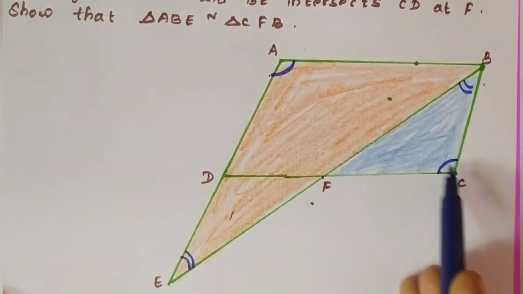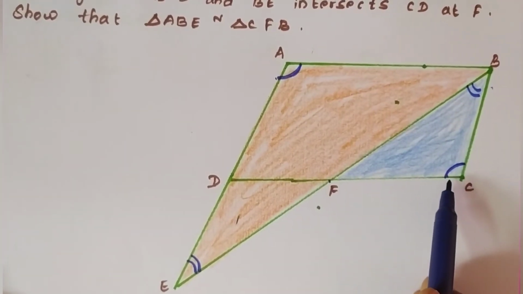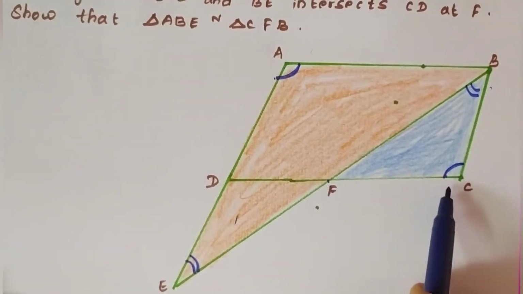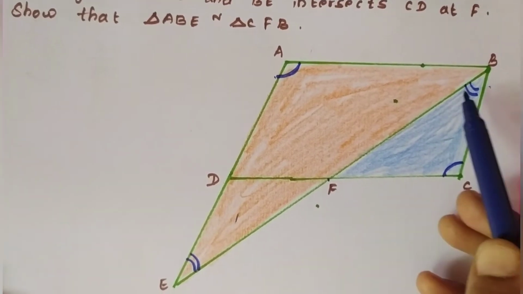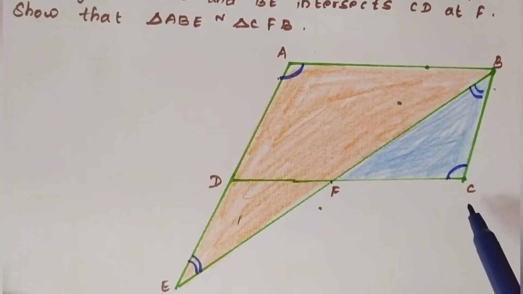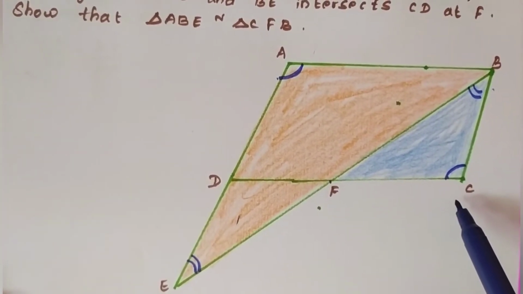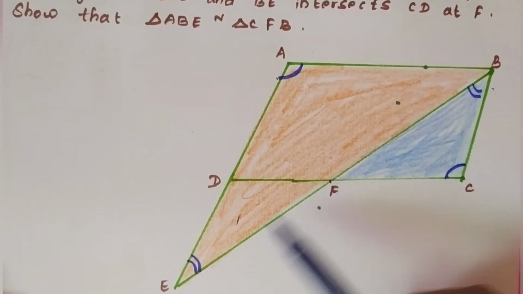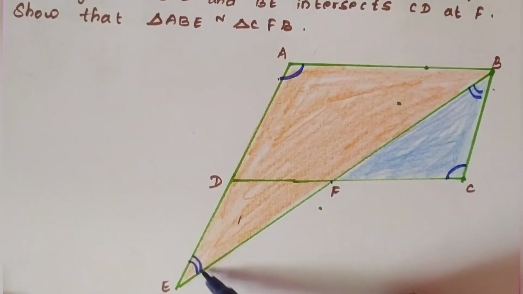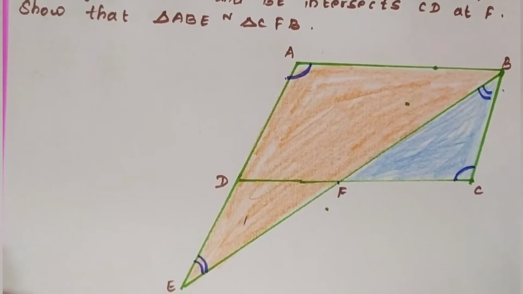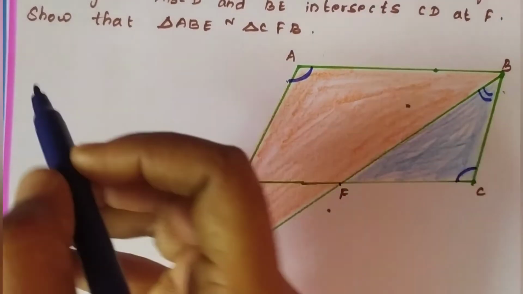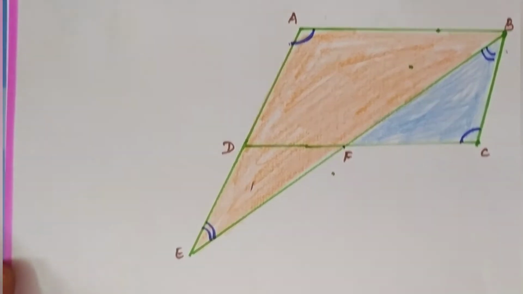So opposite angles of a parallelogram are equal, and AB and CD are parallel lines with BE a transversal, so alternate interior angles are equal. Clear?